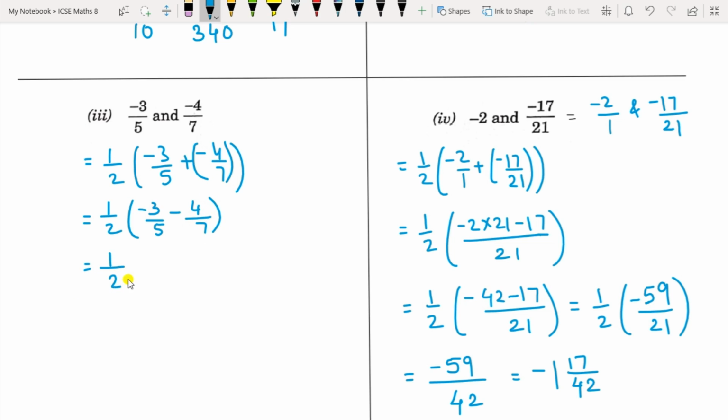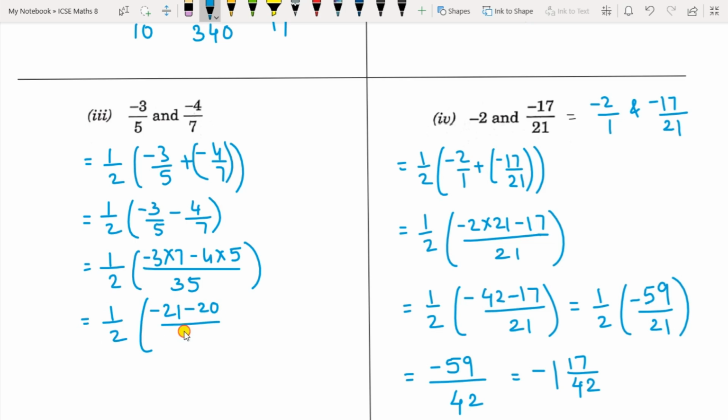Now you have to take the LCM of 5 and 7, that becomes 35. Multiply each term accordingly. So here you will get minus 3 into 7 and here minus 4 into 5. So this will be 1 by 2 times minus 21 minus 20 upon 35, and that gives you minus 41 upon 35.